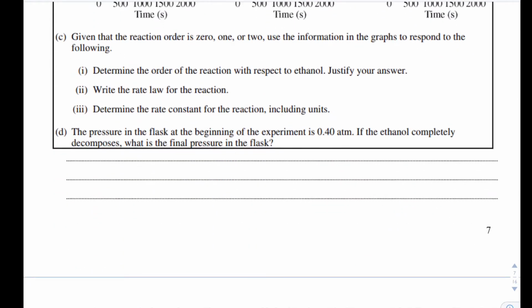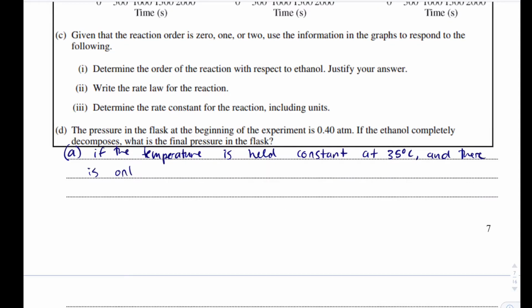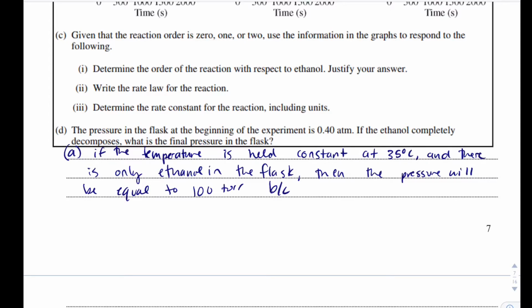So what I would say in A is, if the temperature is held constant at 35 degrees Celsius and there is only ethanol in the flask, then the pressure will be equal to 100 torr because the liquid and gaseous ethanol will reach equilibrium.